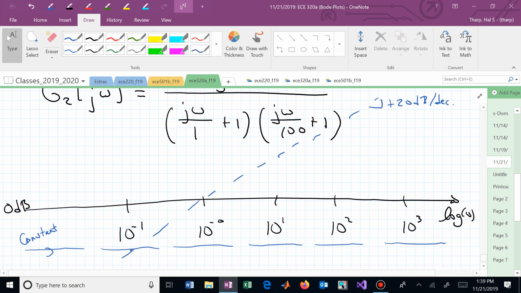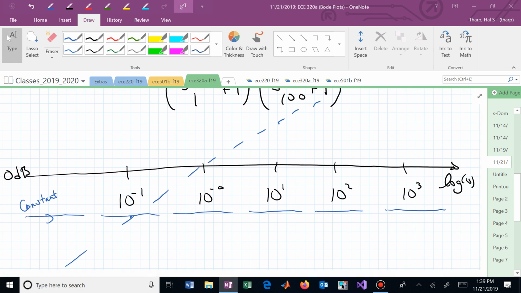Then we have the first pole factor. It also starts right here, but it was 0 until it reaches its break, and then it goes down at minus 20 dB. This is the pole at omega equal to 1. And then we had another pole at omega equal to 100.